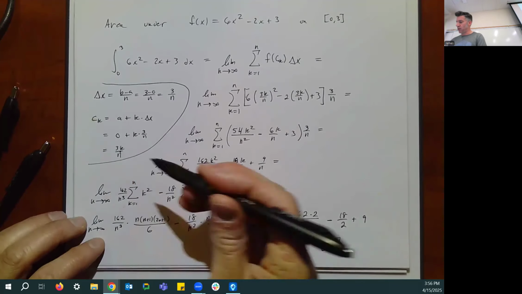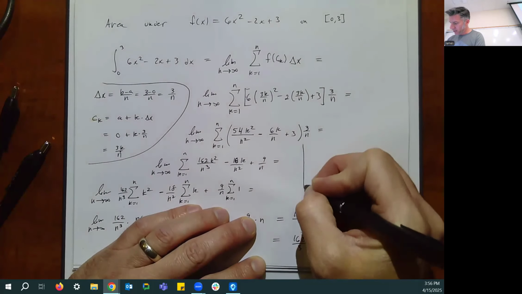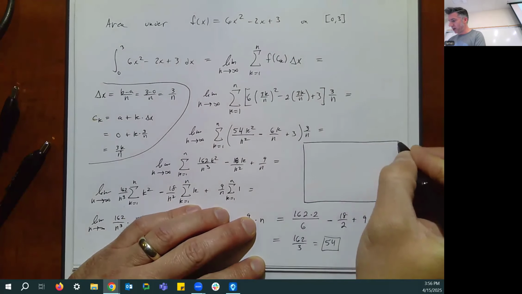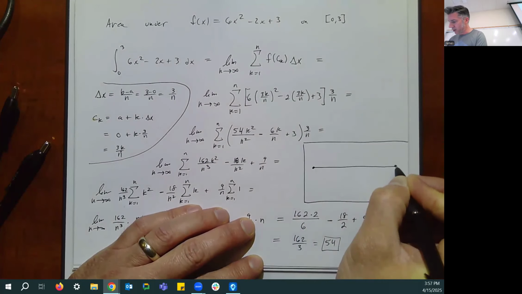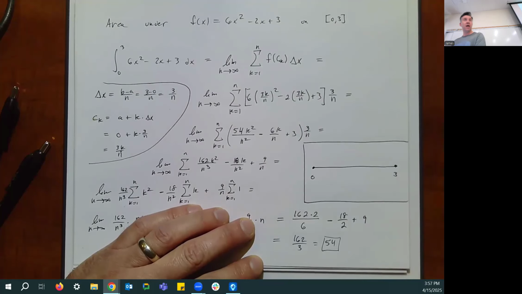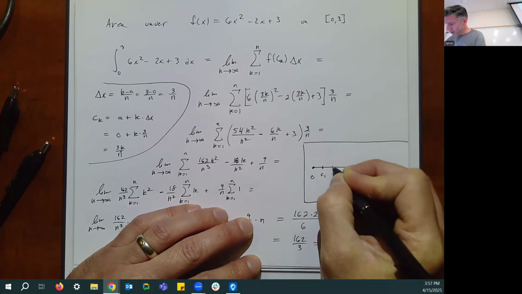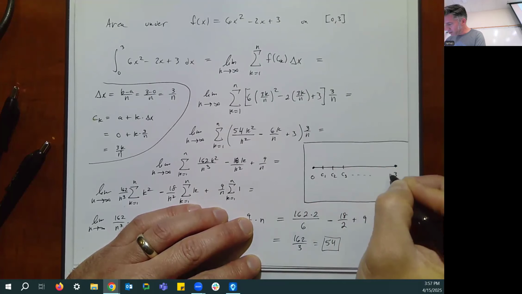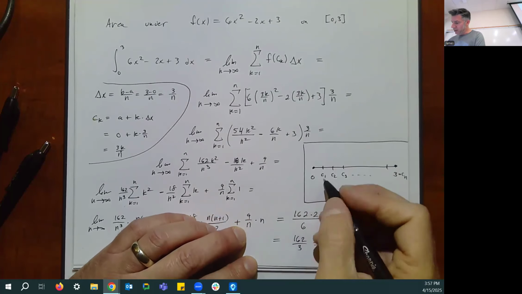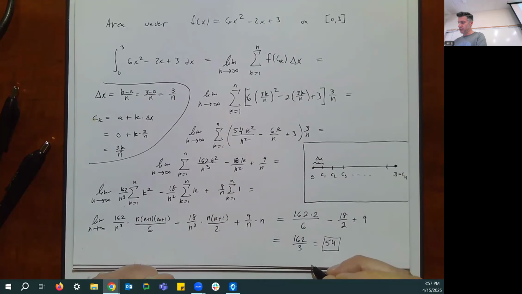Sure. I didn't draw the picture that I usually draw, but think about the fact that you're trying to integrate, so you're breaking up the interval from 0 to 3 into n subintervals. Here's my c sub 1, my c sub 2, my c sub 3, all the way to my last one, c sub n. My c sub 1 is just 0 plus delta x.